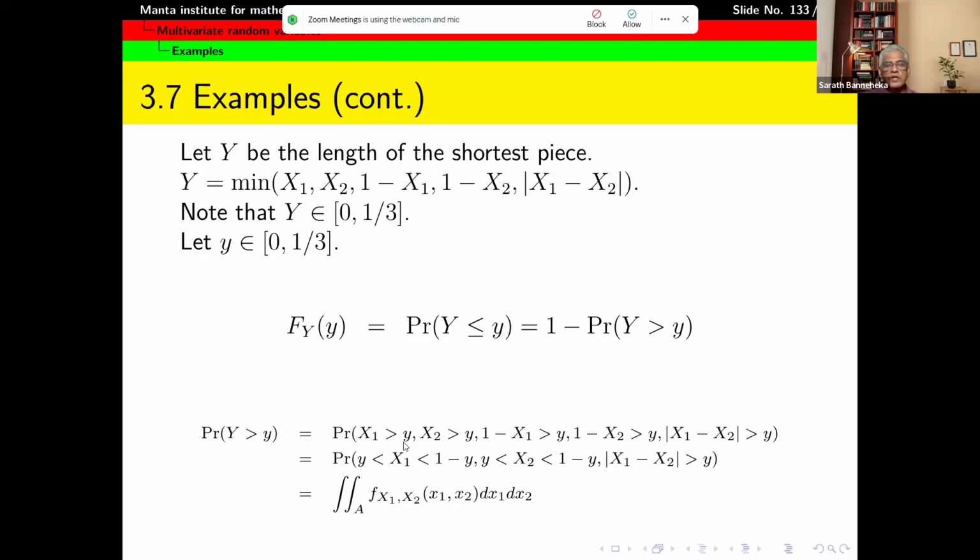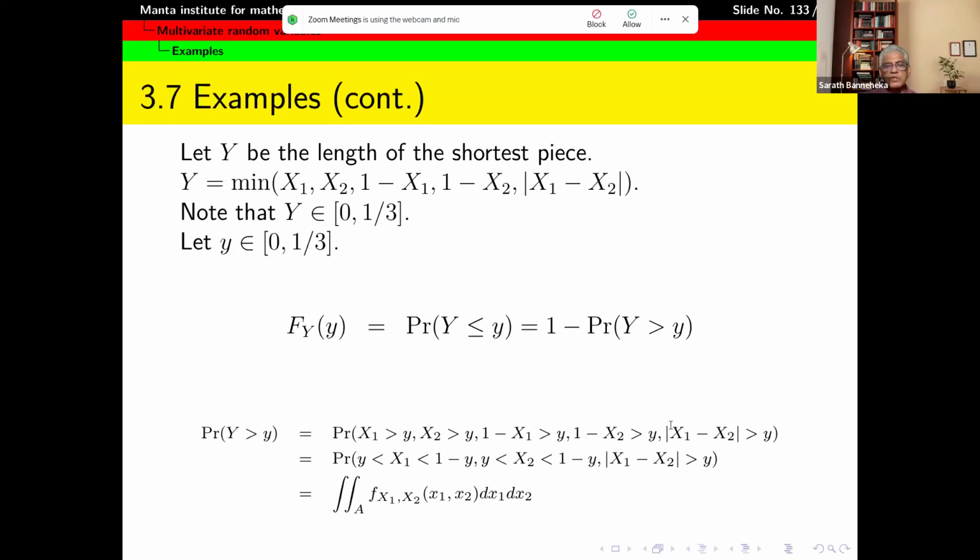Now, x1 greater than y and 1 minus x1 greater than y can be combined to write this expression: x1 is between y and 1 minus y. And similarly, x2 greater than y and 1 minus x2 greater than y can be written as x2 is between y and 1 minus y. And then finally, this thing.